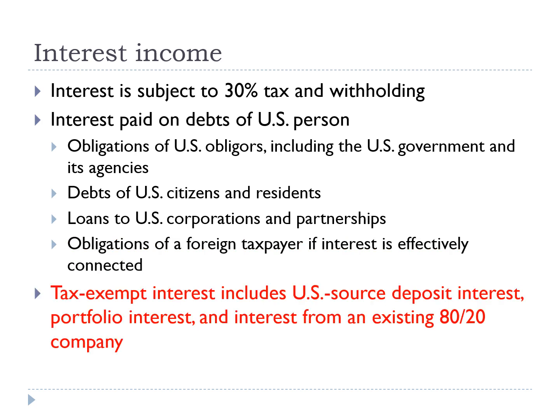However, U.S. source interest income is exempt from tax if it is deposit interest, portfolio interest, or interest from an existing 80/20 company. See the material referenced in the lecture for a brief summary of existing 80/20 companies.